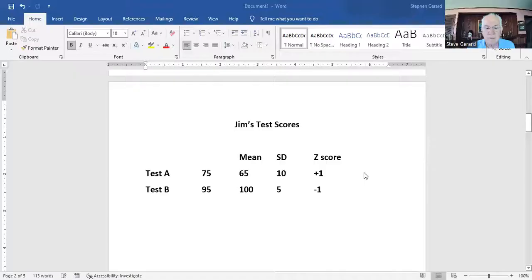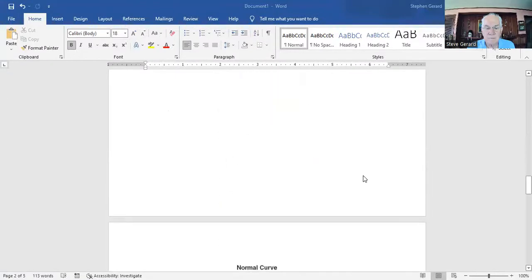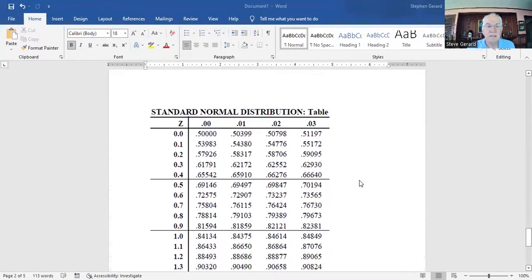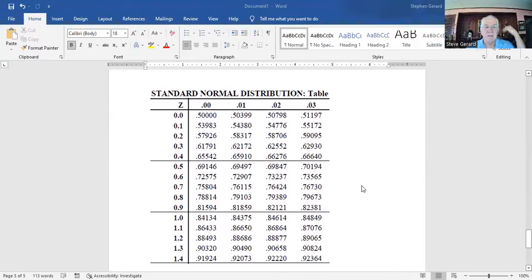Now, I'm going to mention, I gave you a Z-score table earlier, and I'm not sure I have that handy here. Maybe. Yes, here it is. I don't particularly want to encourage you to use this, but if you look at a normal stat book, you're going to find these.